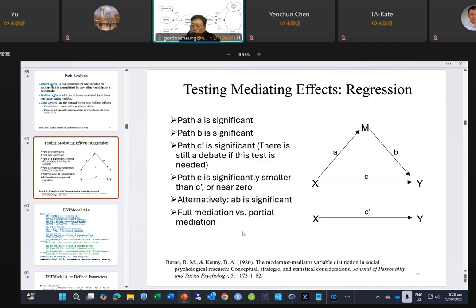Have I answered your question, Jinfu? If you run regression, nobody talks about the model fit of a regression model. A regression model always has perfect fit. Nobody talks about model fit because you have estimated everything already. So we only look at the estimated parameters. We don't talk about model fit if you have 0 degrees of freedom.